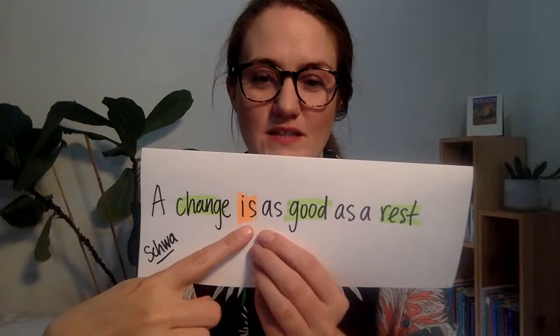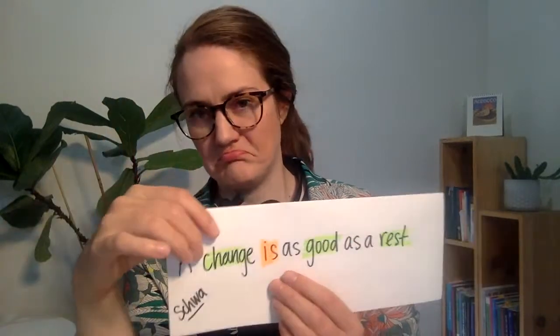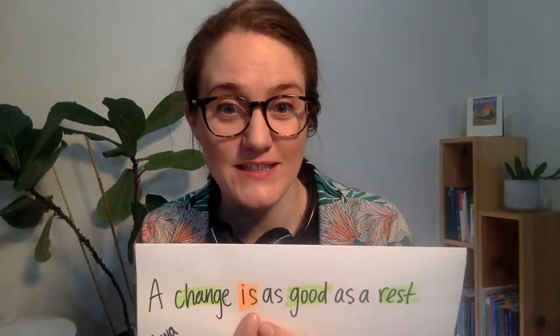In this sentence, the verb is. And it's common that the verb is will be connected or it won't be stressed, because it gives us grammar. We know it's third person singular. We have to have it. We need it.